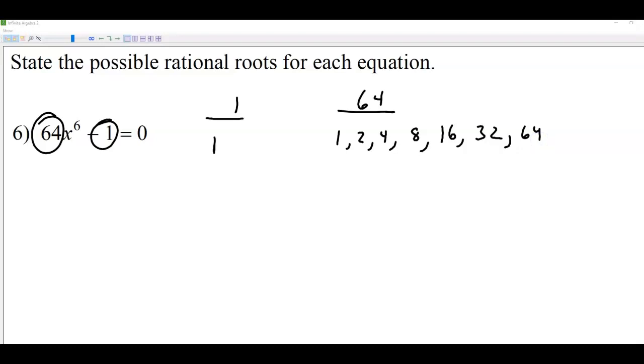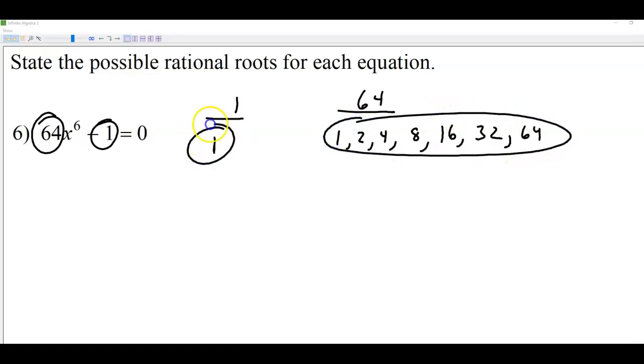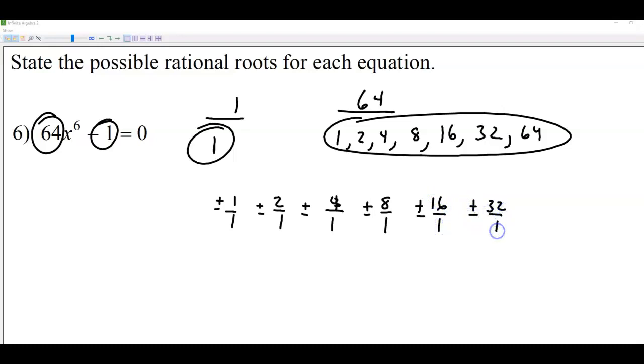Right? And the way we do this is we take the factors of the last number and put them over the first number. So it could be plus and minus 1 over 1, plus and minus 2 over 1, plus and minus 4 over 1, plus and minus 8 over 1, plus and minus 16 over 1, plus and minus 32 over 1, plus and minus 64 over 1.